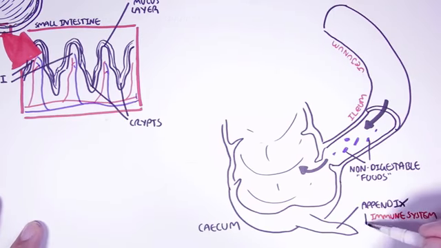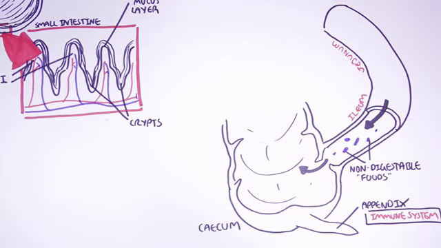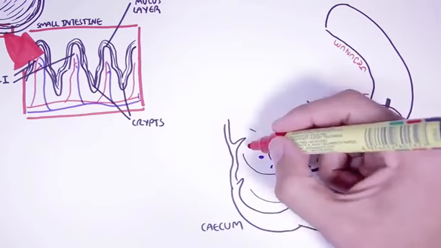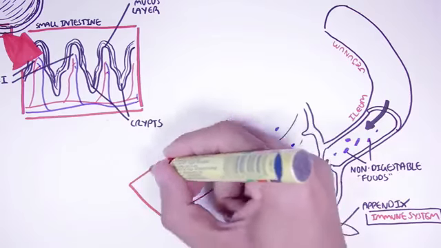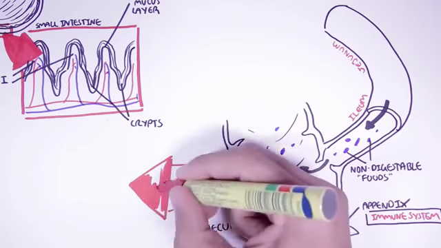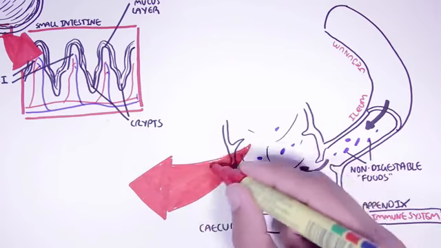What most people may not know about the large intestine, in particular the proximal area, so I'm talking about the cecum, is that a lot of these non-digested foods undergo fermentation by the trillions of bacteria that live here. So let's have a look at what happens.